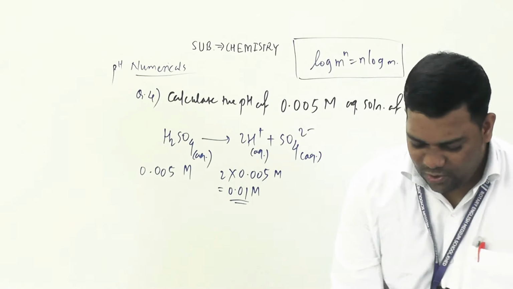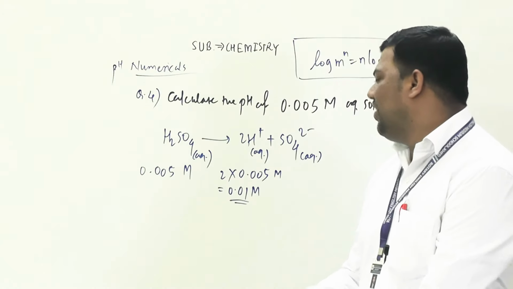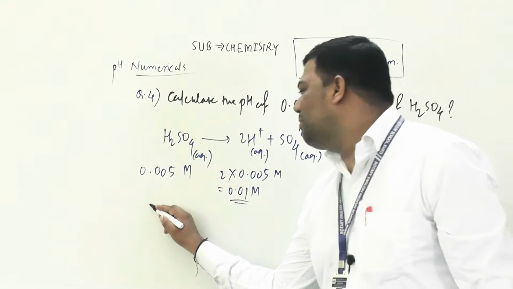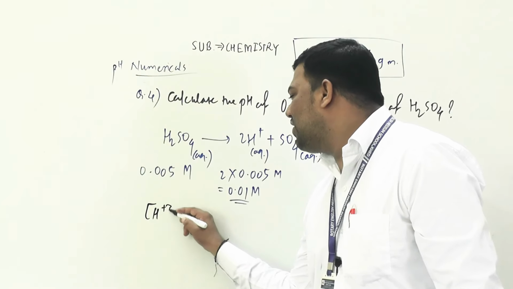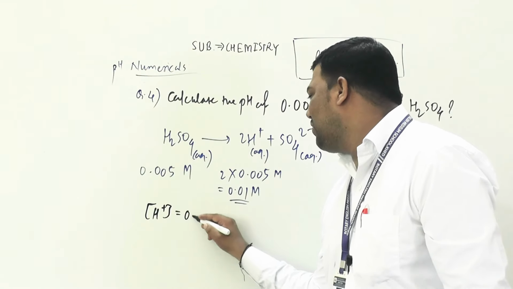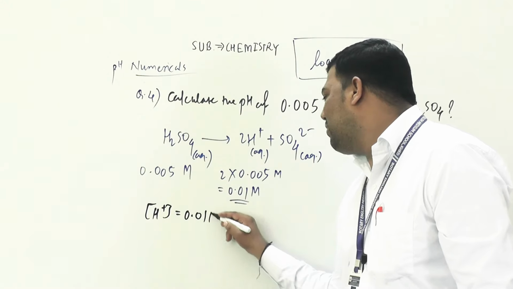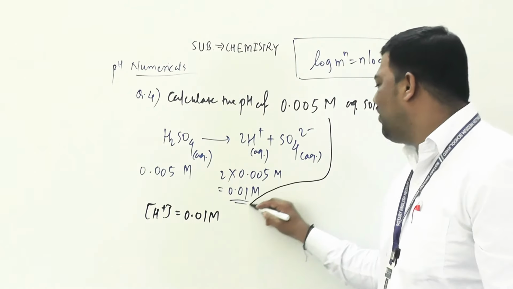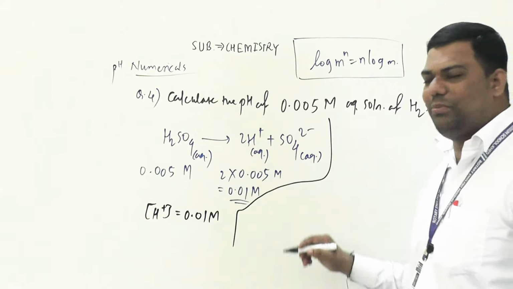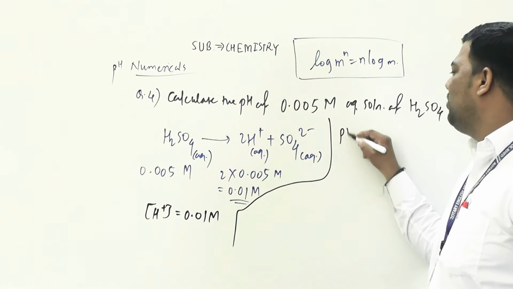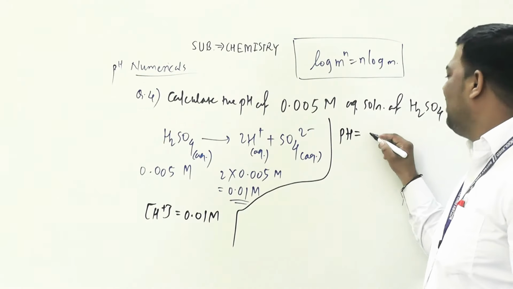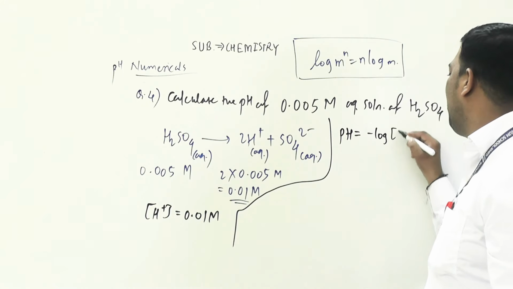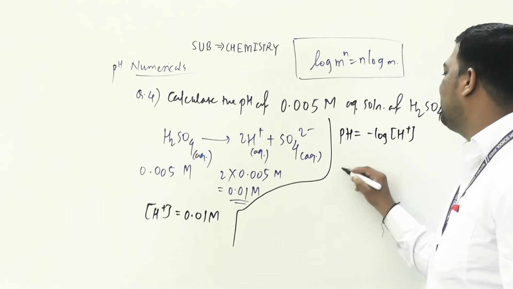Then you have to start solving this pH numerical. We got the concentration of H plus as 0.01 molar. As you know, pH is equal to the negative logarithm of the concentration of H plus ions.